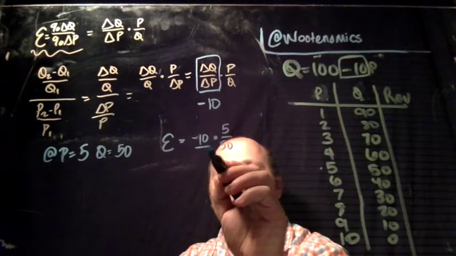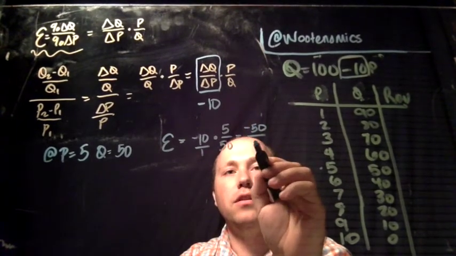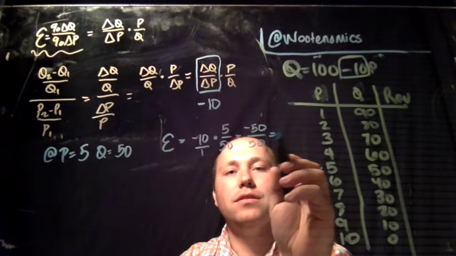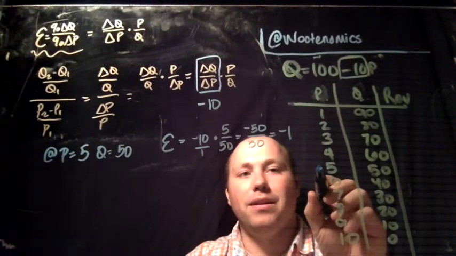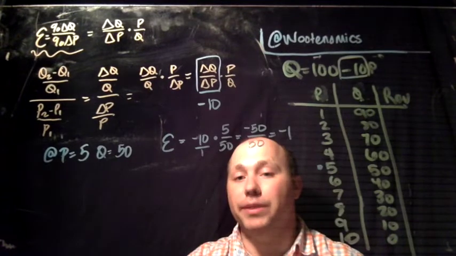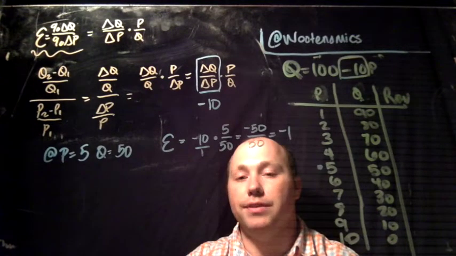Right, so that's the same as negative 10 over 1. So what we have is negative 50 over 50. So we have an elasticity of negative 1. Keep that in mind. I picked that number for a reason. We'll talk about how we can find that on a graph in just a second.